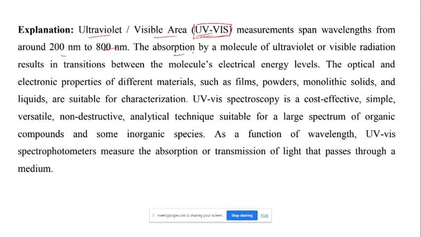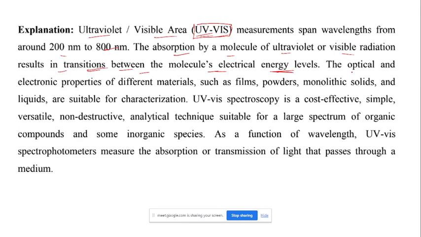The absorption by a molecule of ultraviolet or visible radiation results in transition between the molecule's electron energy levels. So what will be the effect when this light falls on the molecule? Transition will be there between the molecule's electronic energy levels.